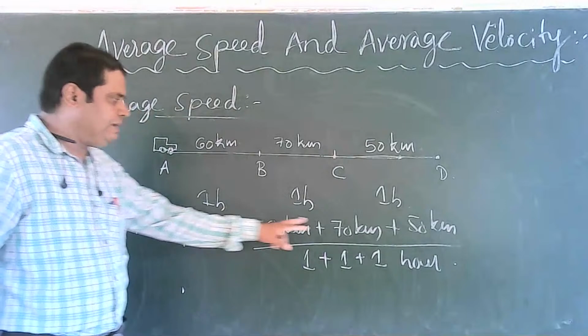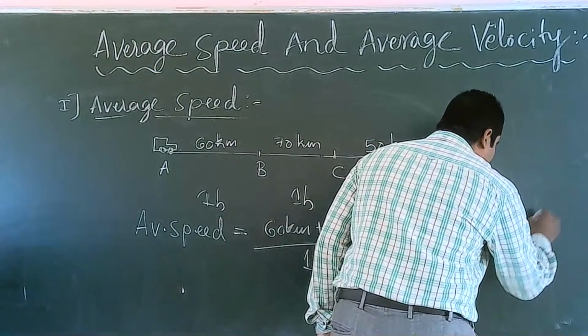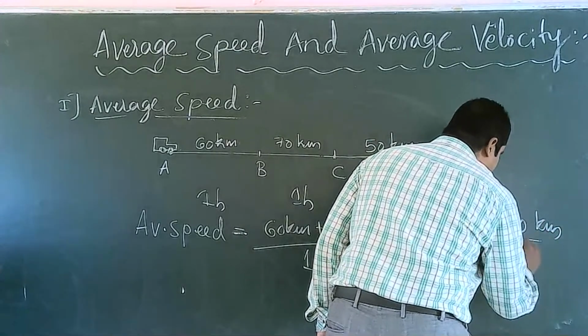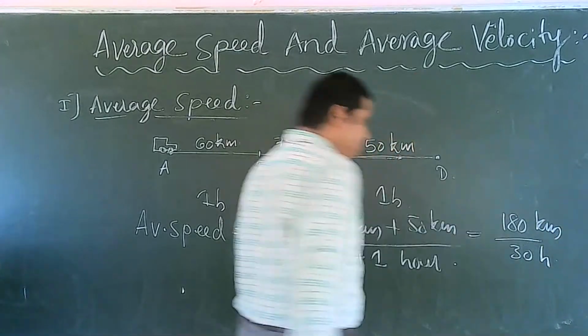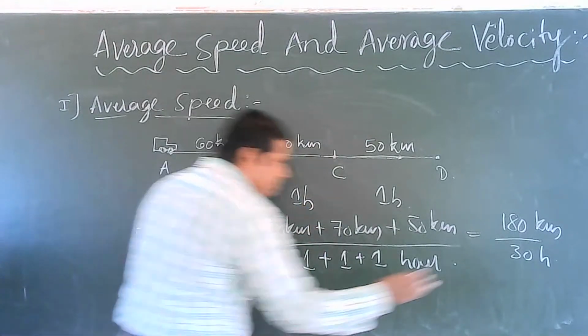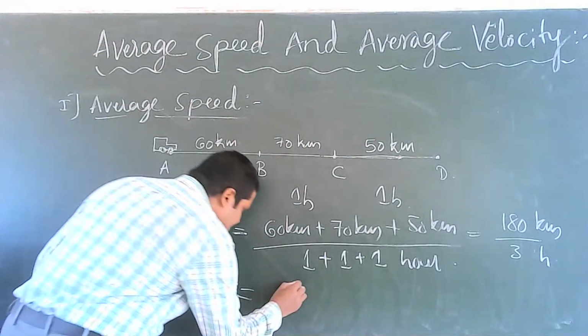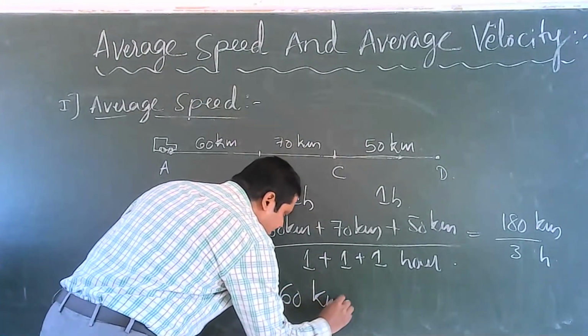This will be 60 plus 70, 130, 130 plus 50 is equal to 180. 180 kilometers divided by 3 hours, sorry, not 30 hours. 180 by 3, what we get? 60 kilometer per hour.